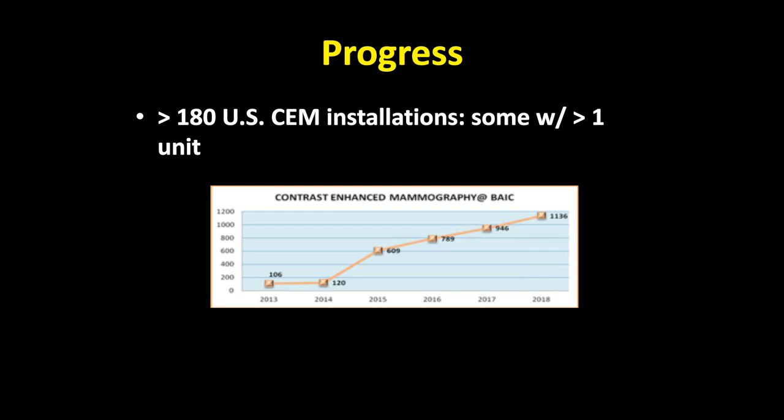In 2011, we went to the FDA and it became approved. And here are our numbers from 2013 when we really started using it clinically to now. And we are, in fact, doing well over 1,000 patients a year. And the reason for that is that our clinicians are really happy with this technology.